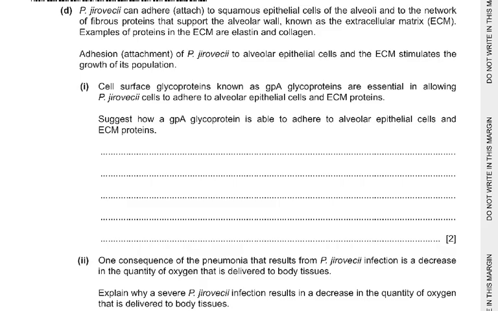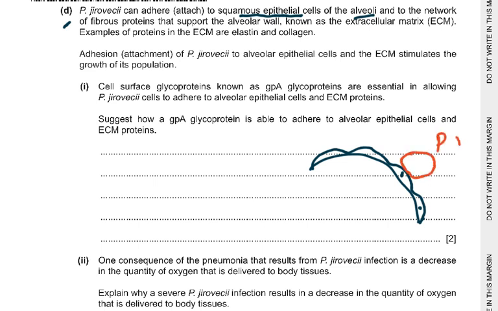Now coming to part D, P. jirovecii can adhere to squamous epithelial cells of the alveoli. So this is the alveoli and it has these squamous epithelial cells which are lining the alveoli, and now the P. jirovecii, which is a fungus, can stick to this.